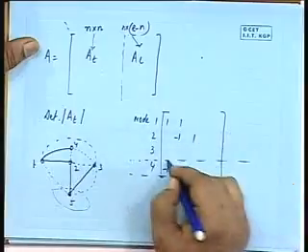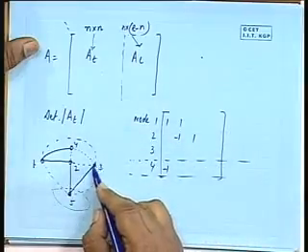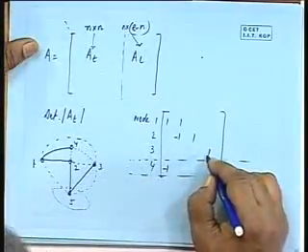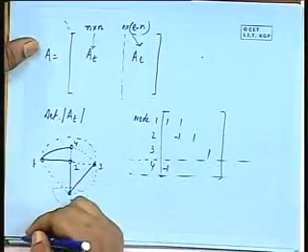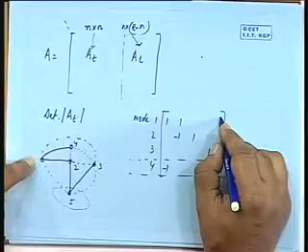I am not putting the zeros, the rest are all zeros. Similarly, for node 3, there will be either plus 1 or minus 1, depending on the direction you choose, and for node 4 again there is an element.